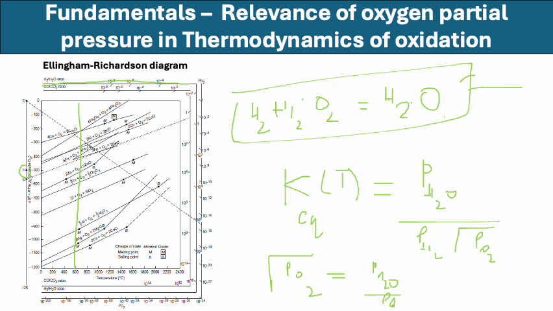So how can I determine the hydrogen water vapor ratio required for the Cu2O formation? Then what I do is, can I intersect this line? Yeah, very slightly I can intersect this line.